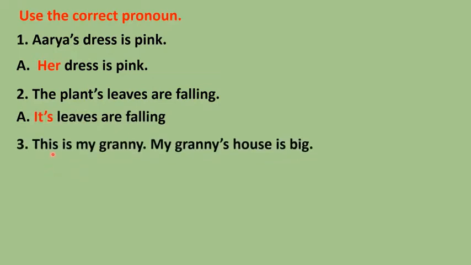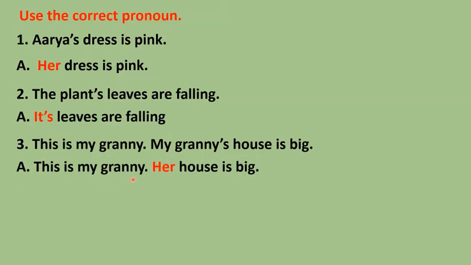This is my granny. My granny's house is big. Now, as I told you earlier, instead of using my granny every time, you can replace it with a pronoun. But this pronoun has an apostrophe here. So, which pronoun will you use? This is my granny. Her house is big.